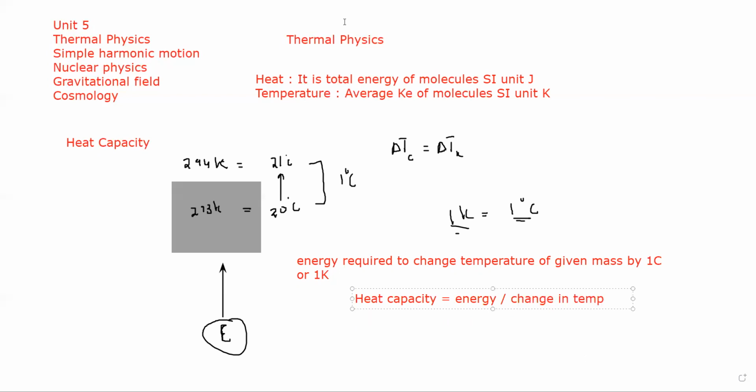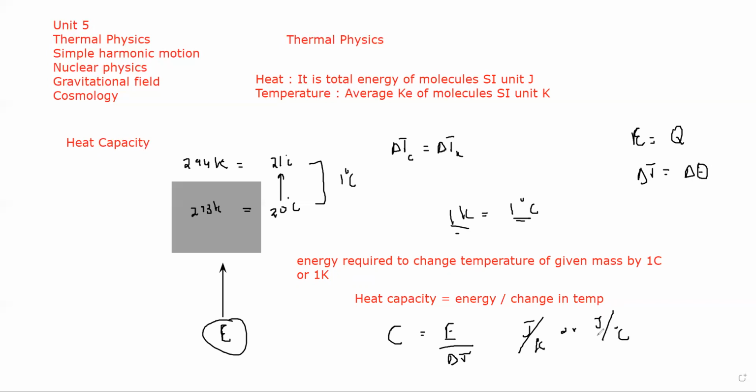Heat capacity or thermal capacity is denoted by capital letter C. The energy which we supply is denoted by E, or you can also represent it by Q. The temperature change is denoted by delta T or delta theta, both are acceptable. The SI unit of energy is joule, and the SI unit of temperature is Kelvin or degree centigrade, so we can use joule per Kelvin or joule per degree centigrade. That refers to heat capacity.